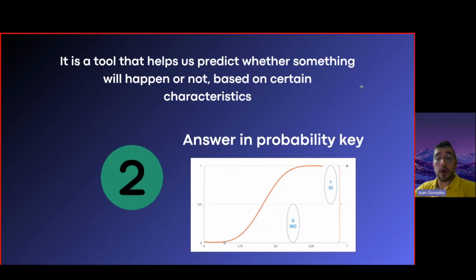We are obtaining our answer as a probability. Our answer is going to be in a range of 0 to 1. And when we are trying to determine whether it is yes or no, or in our example, approval or not approval, we commonly put the threshold at 0.5.